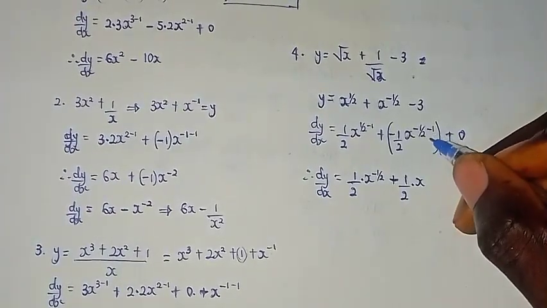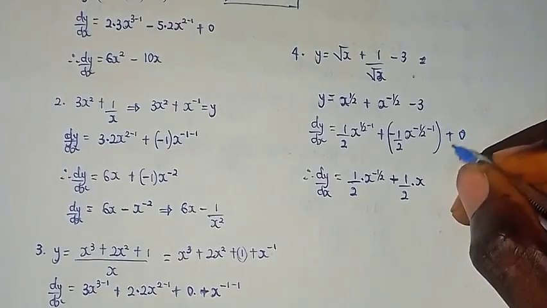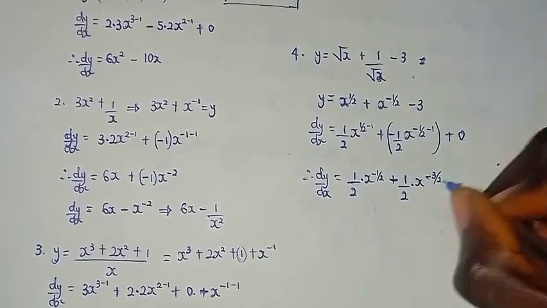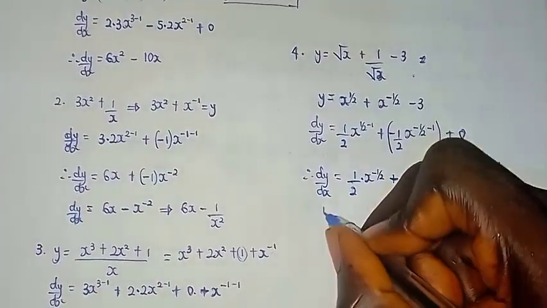Now minus 1 over 2 minus 1 gives us minus 3 over 2. So let's simplify this further.